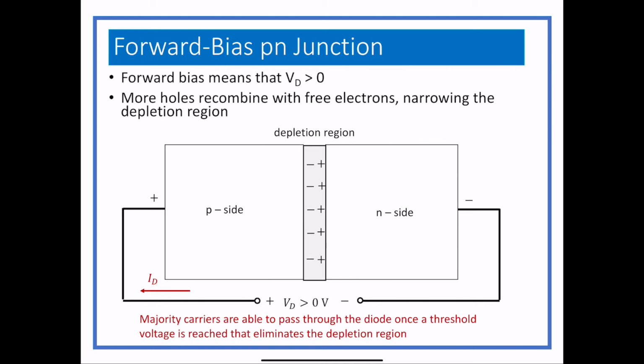Once you get this depletion region eliminated, the current that flows through it is usually on the order of milliamps, depending on the kind of diode you're using, and the current will flow fairly freely.